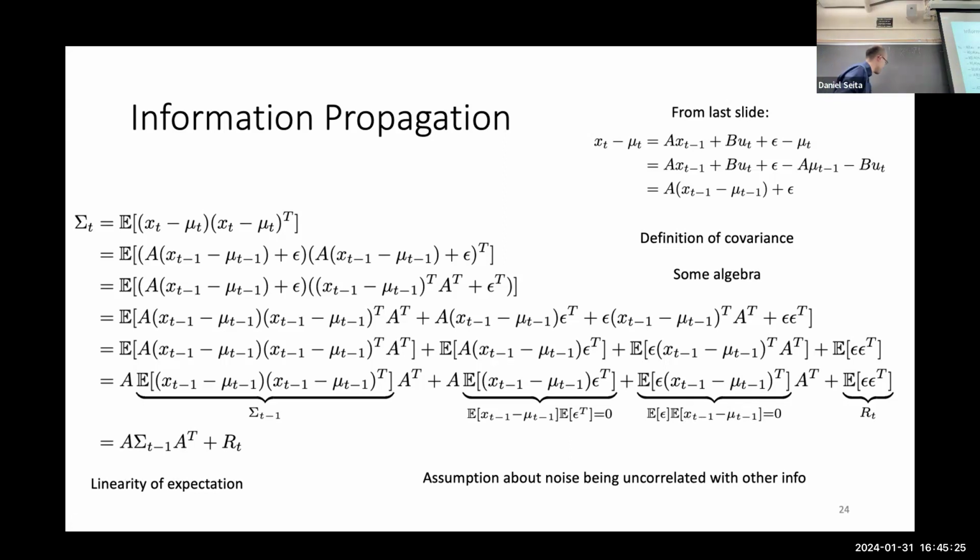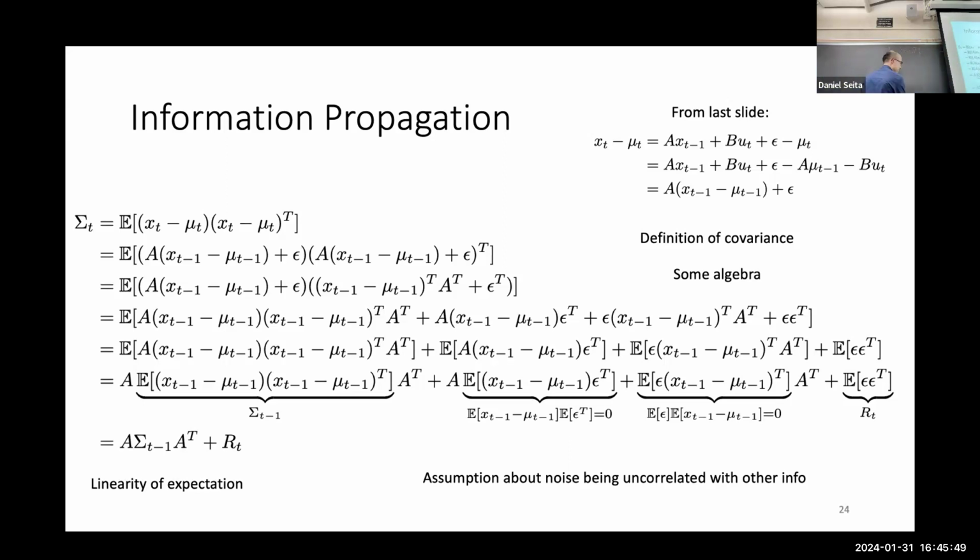This is the definition of the covariance, where this is zero mean. Normally when we write out the covariance, you have your random variable minus a mean vector.